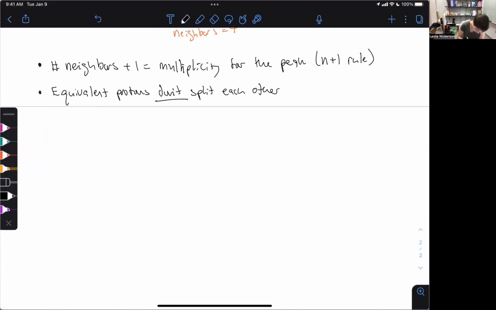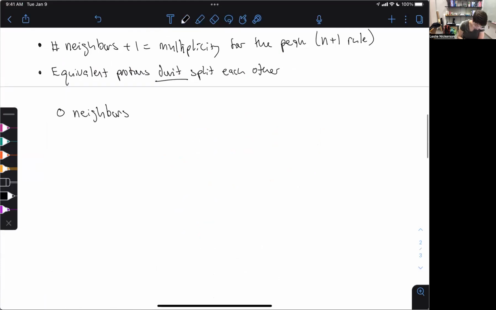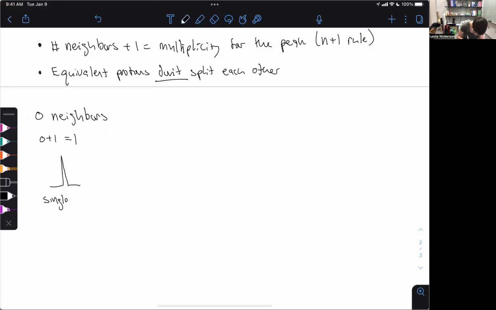So if we have a situation, we have 0 neighbors. That's going to be 0 plus 1 equals 1. That's going to give us a singlet. If I could just draw straight, that'd be awesome. Singlet, it's going to have the 1 maxima on it.